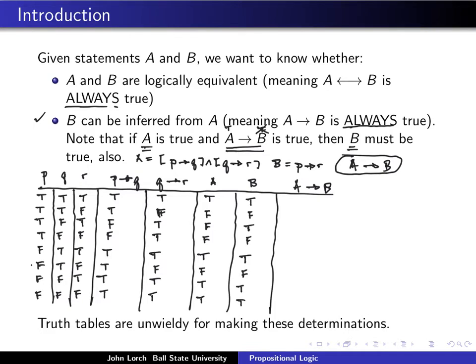And now finally, we come to the statement in question, which is if A, then B. So remember, if A, then B is going to be false exactly when A is true and B is false. So we look for all the places where A is true, so that happens here, here, here, and here, and we look over and check to see whether B is false, and it never is.